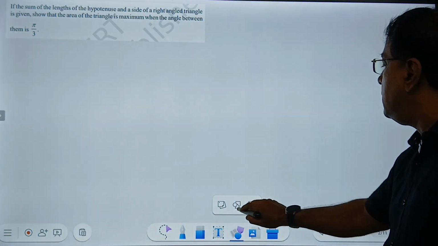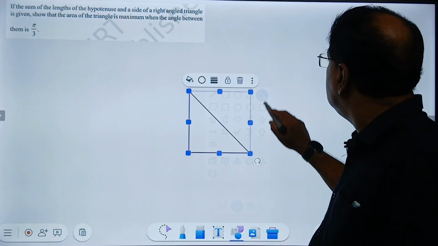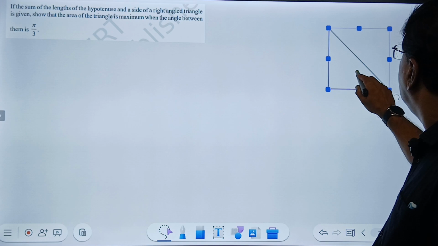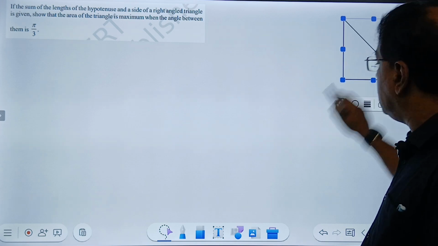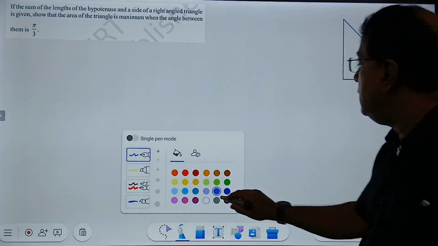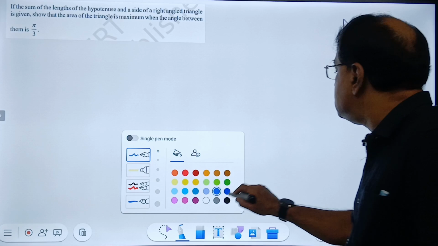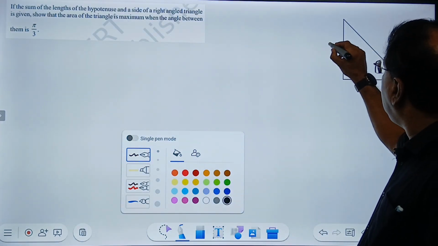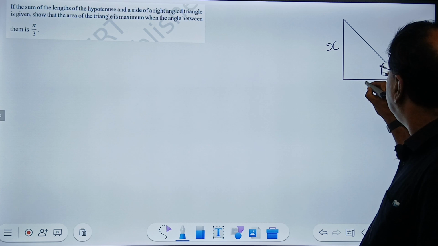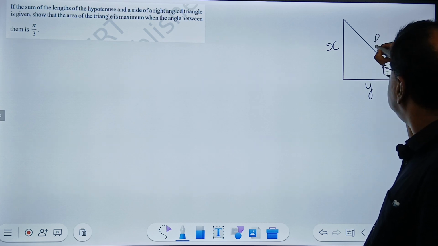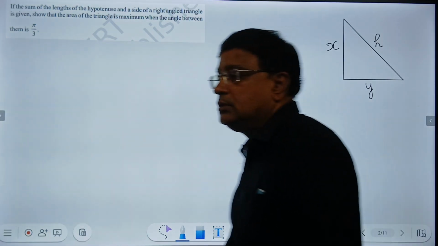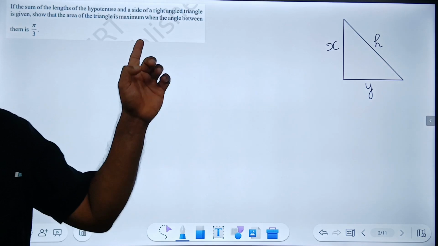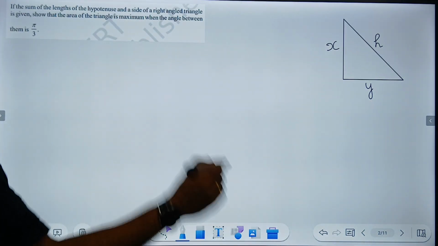So first of all, let me take a right angle triangle. This is a right angled triangle, and I will name the sides X, Y, and H. Those two sides are X and Y, and the hypotenuse is H. Now what is given?